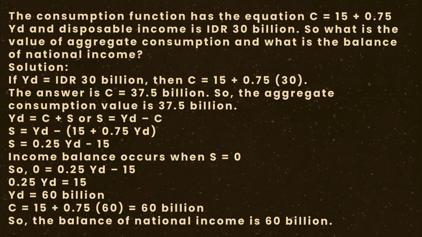The example of the question for the saving and consumption formula. The consumption function has the equation C is 15 plus 0.75 YD, and disposable income is 30 billion rupiahs.